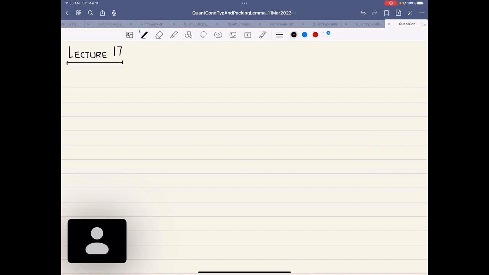Okay, so let me get started. I'm going to do a quick recall, and then we'll take it from there. So rho has a spectral decomposition.